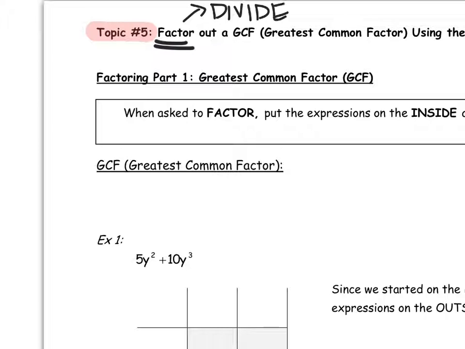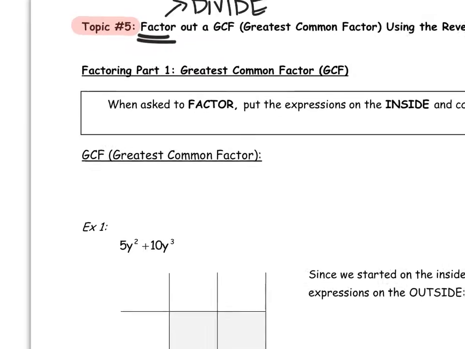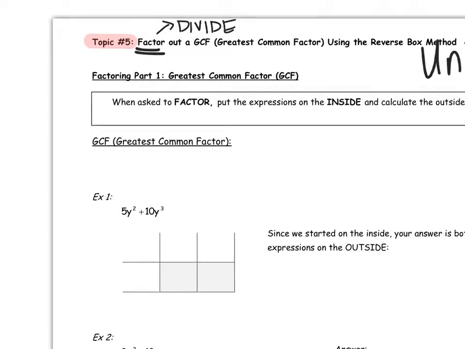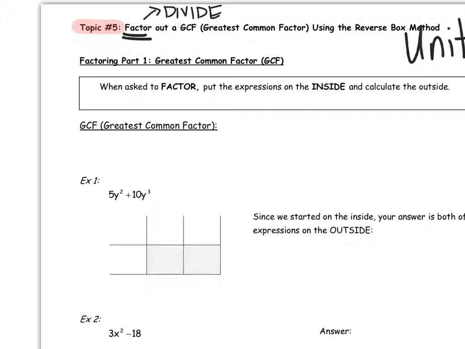So basically, the last two topics we have been multiplying. We've done that with distribution and with the box method, and now we're going to work backwards. Instead of multiplying, we're going to divide. So factoring out the greatest common factor, which in other words we call the GCF, greatest common factor.